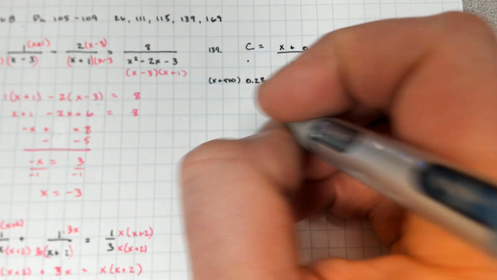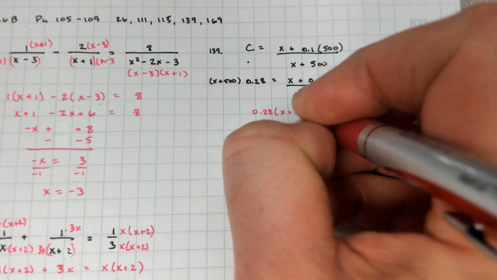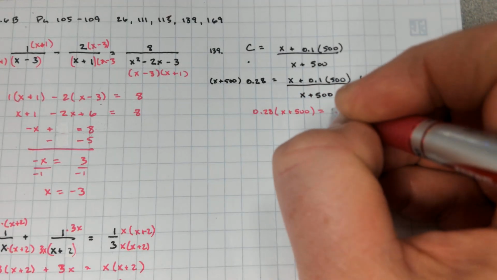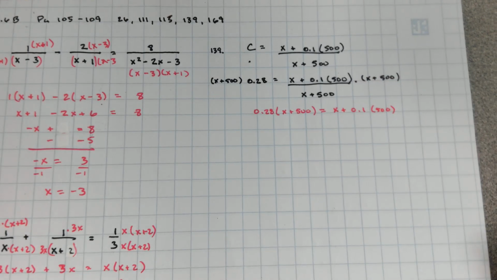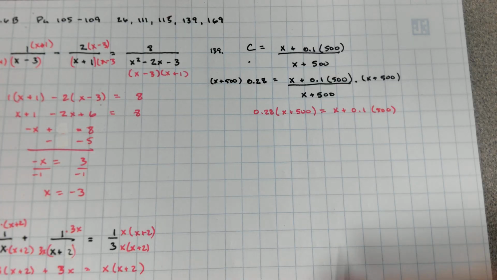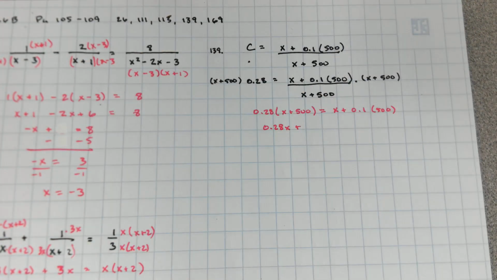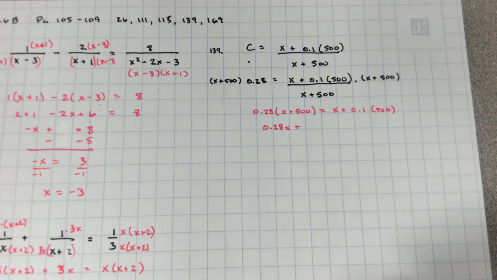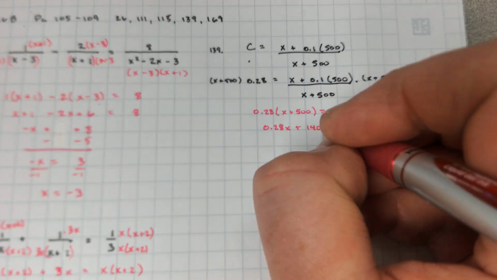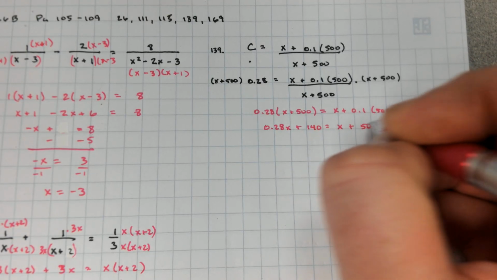And so when I do that, I'm going to get 0.28 times x plus 500 equals x plus 0.1 times 500. So I can simplify. So 0.28x plus 140, I put that in my calculator, equals x plus 50.